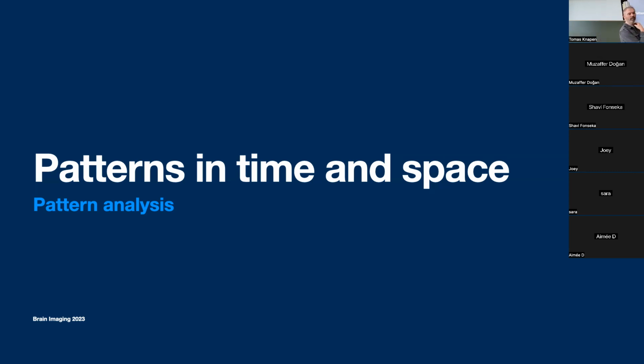And today we'll talk about one of those, namely the patterns. I'm saying space and time here, or time and space. We'll mostly talk about space, so that is the pattern across voxels in space, and not so much a pattern over time. But I have a little tidbit at the end that does specifically focus on time, which I think is interesting, just as a thing.